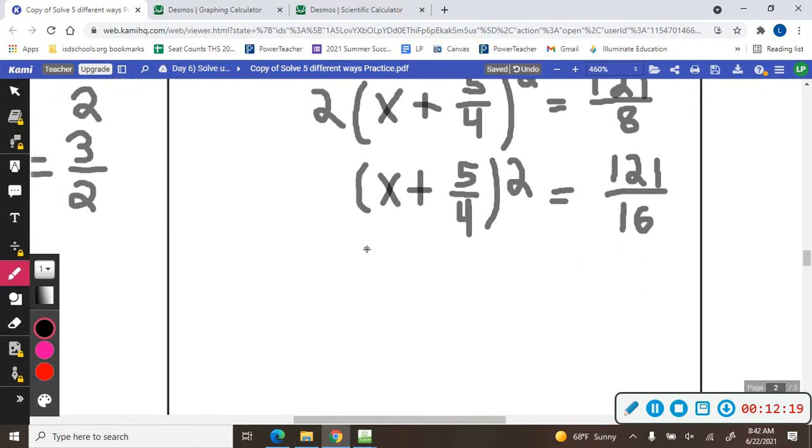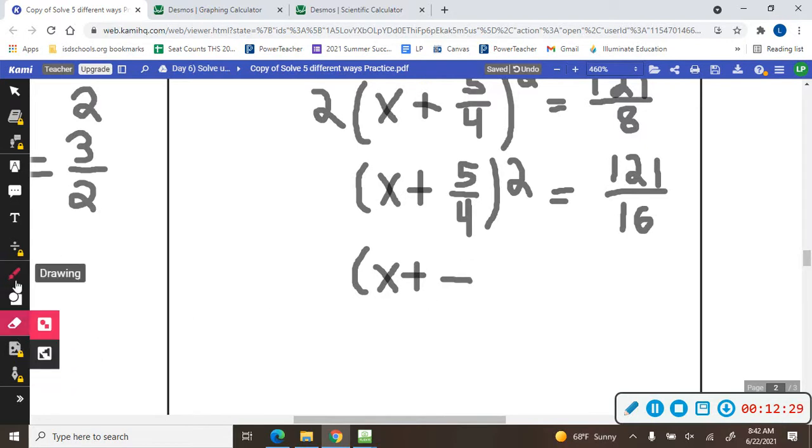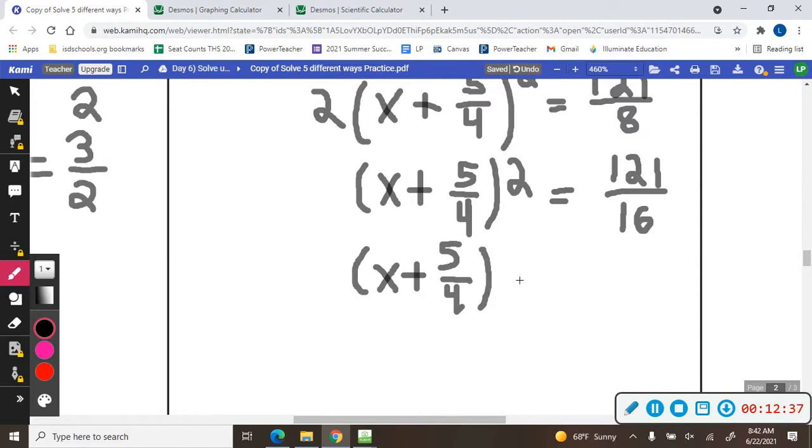And then from there, take the square root of both sides. And that's a 5/4, so I can fix that. So if I take the square root of both sides, that's positive and negative square root of 121 over 16.